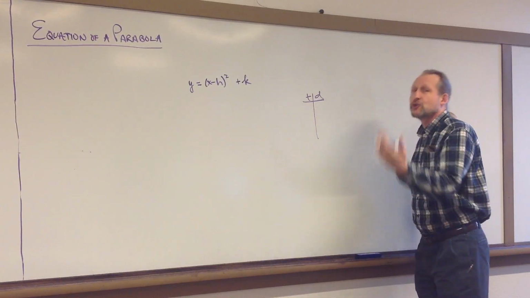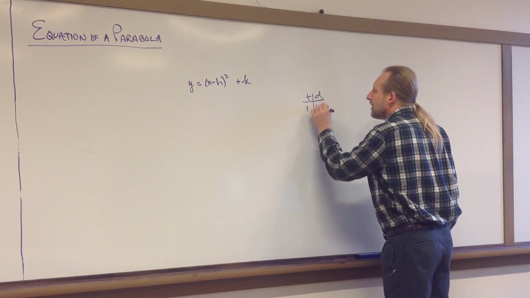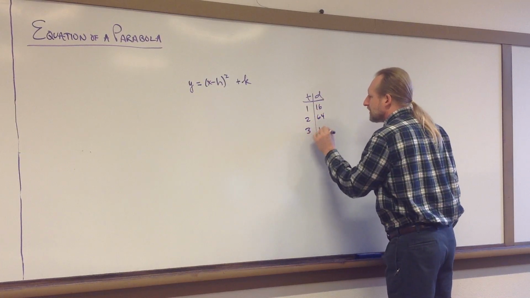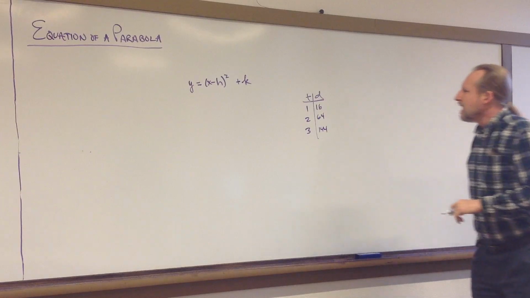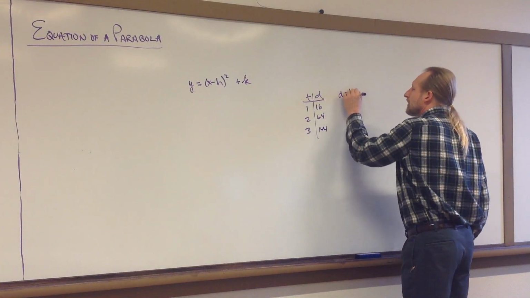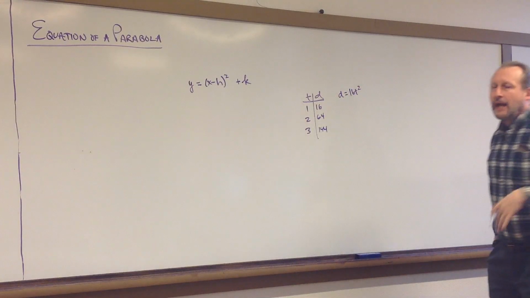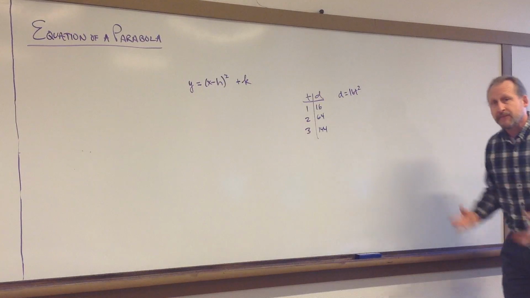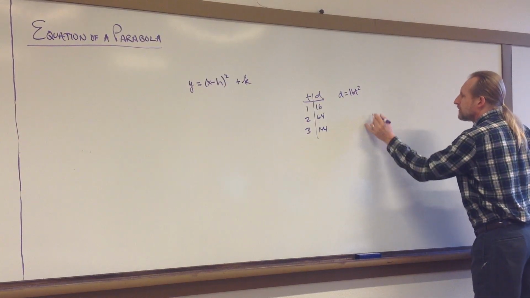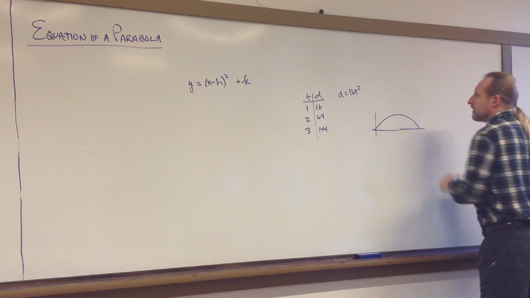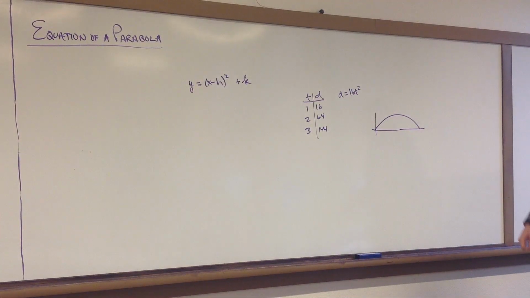It's proportional to the square of the number of seconds it's been falling. So the equation here is that d is 16t squared. And that's why when you throw something through the air, as gravity acts on it, it pulls it down into the shape of a parabola until it comes back to the ground. Okay, this is a parabolic shape.